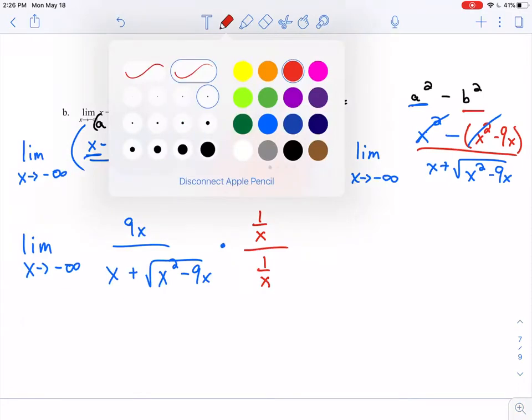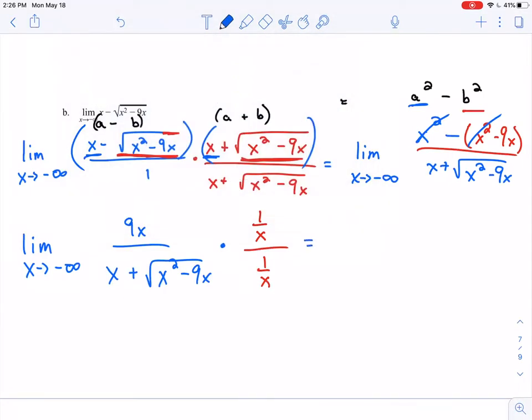So for my numerator, 9x times 1 over x, so I should have the limit as x approaches negative infinity. Here I should just have 9 in the numerator, that's good. In my denominator, x times 1 over x is just going to be 1. Plus, again, this guy right here presents a problem.